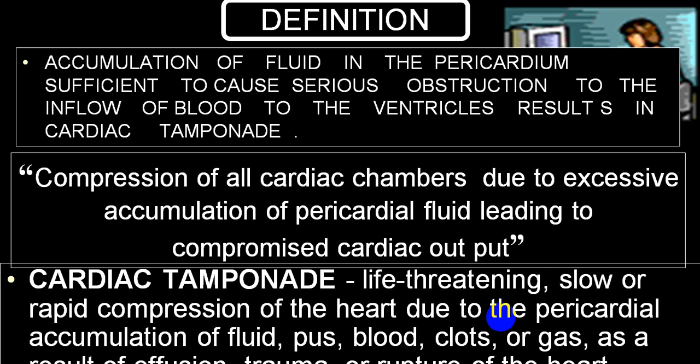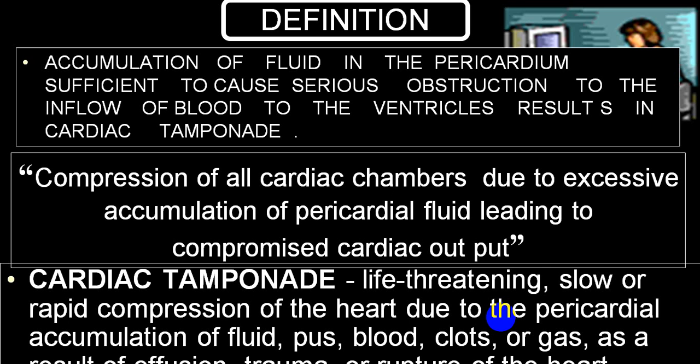So what is cardiac tamponade? It is accumulation of fluid in the pericardial sac, which is sufficient to cause serious obstruction to the inflow of blood into the ventricle, resulting in cardiac tamponade. Or in a more simplified form, it is a compression of all cardiac chambers due to excessive accumulation of pericardial fluid leading to compromised cardiac output.